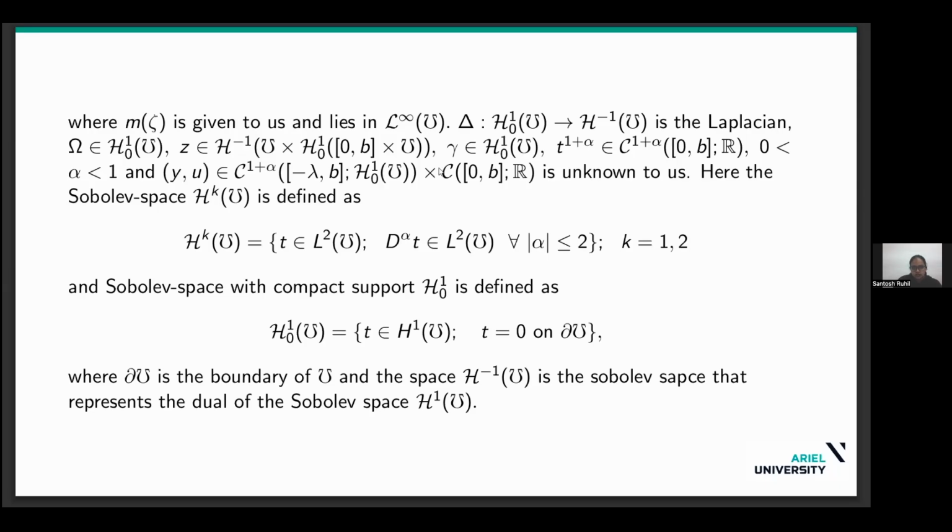So these are the terms that I already introduced to you. For that, here we have taken our space as the Sobolev space H^k(Omega), which is defined as this, and the Sobolev space with compact support is given by this set, where del Omega is the boundary of Omega, and the space H^{-1}(Omega) is the Sobolev space that represents the dual of the Sobolev space H^1(Omega).